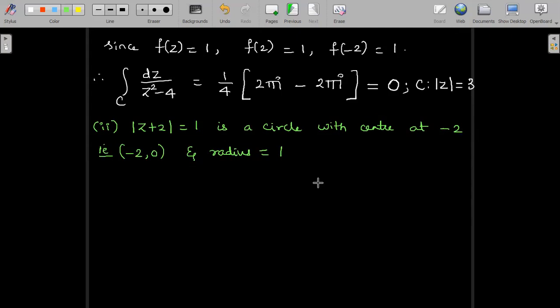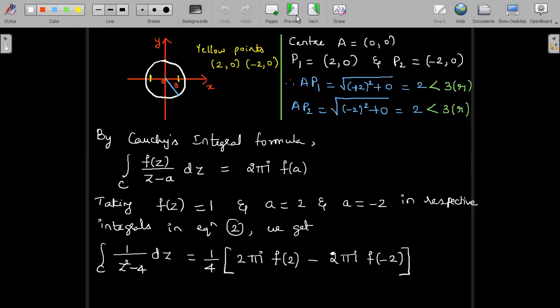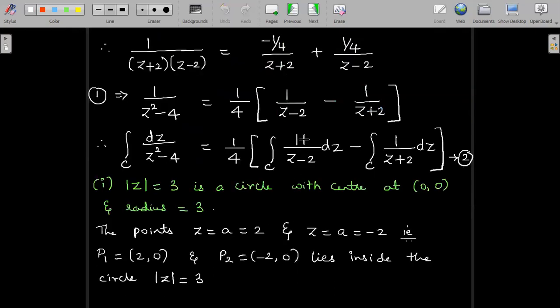Now we need to recognize whether both the points P1 and P2, what we had mentioned, lie inside the circle or outside the circle. We have to check first. So the points, from equation 2, when I look into, the points are same.